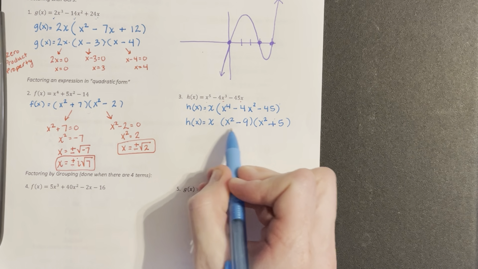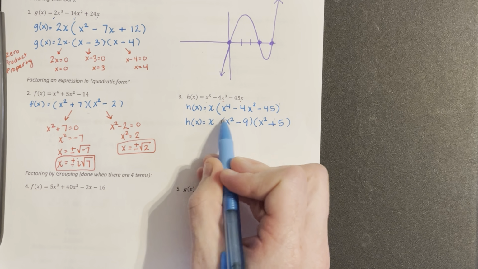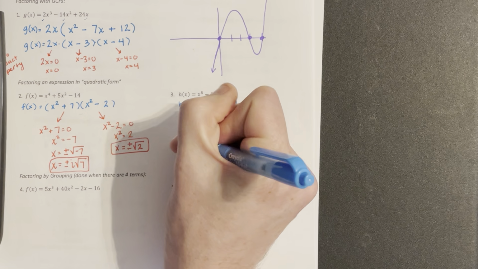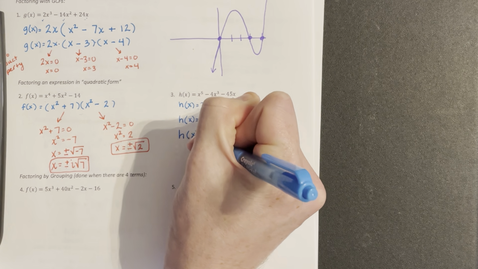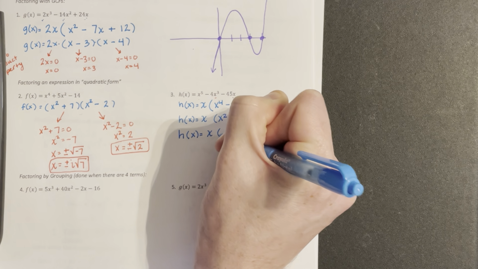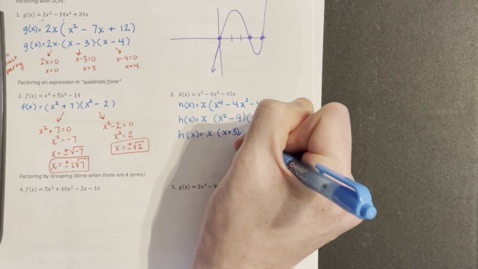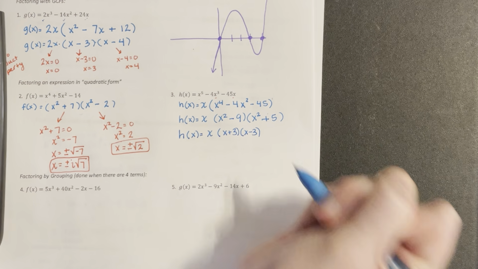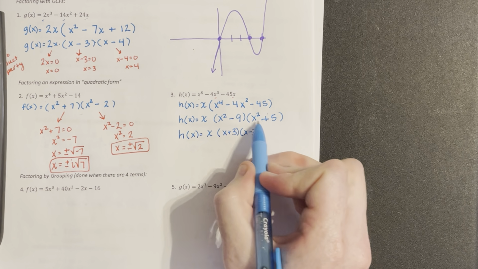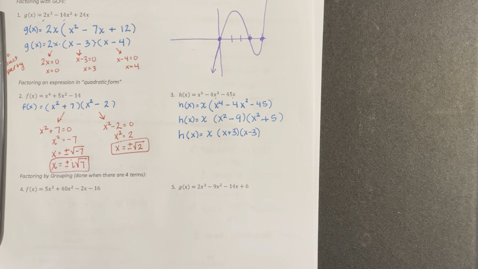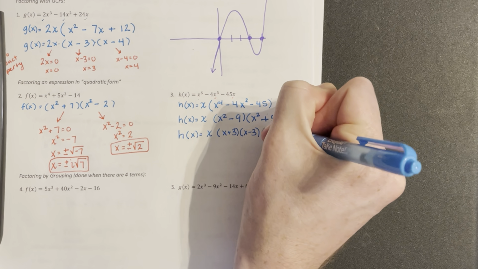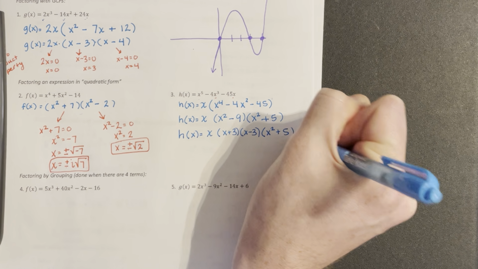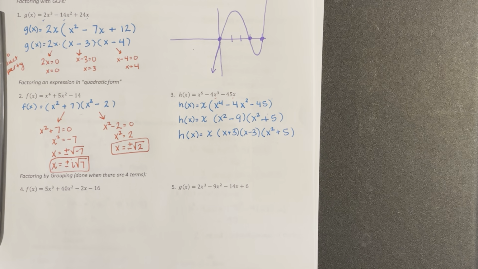If you noticed, we just talked about a difference of squares, but that is a difference of 2 squares. So it's not completely factored until I take that into x plus 3 times x minus 3. This x squared plus 5 cannot continue factoring, so it's just going to be left as x squared plus 5. This would be in completely factored form right now.